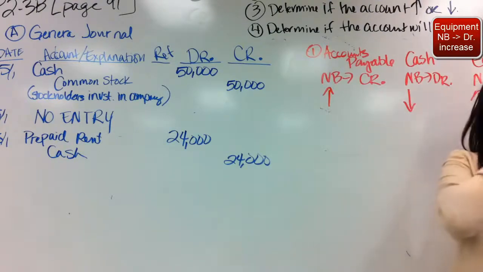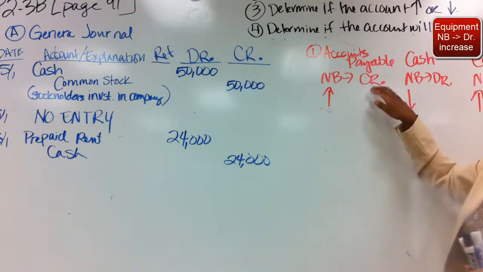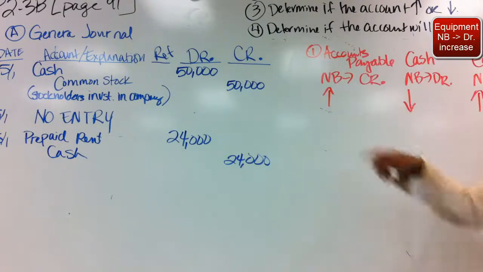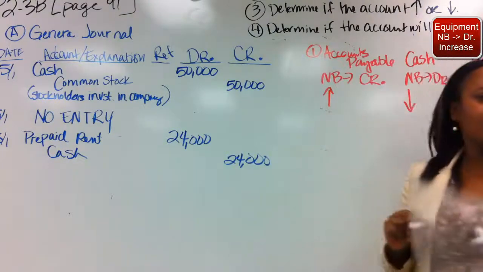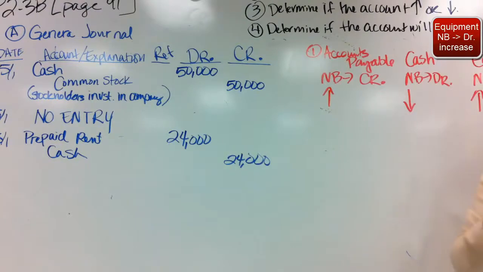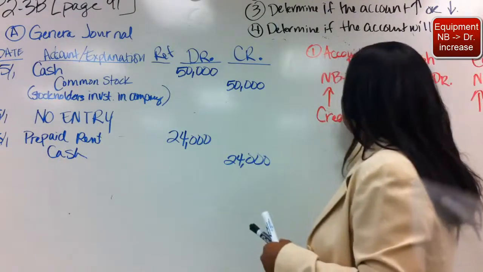So, now, if accounts payable has a credit normal balance, it increases, are we going to debit or credit it? If it increases, it's the same side as the normal balance. The normal balance means the side that increases. So we're going to credit.